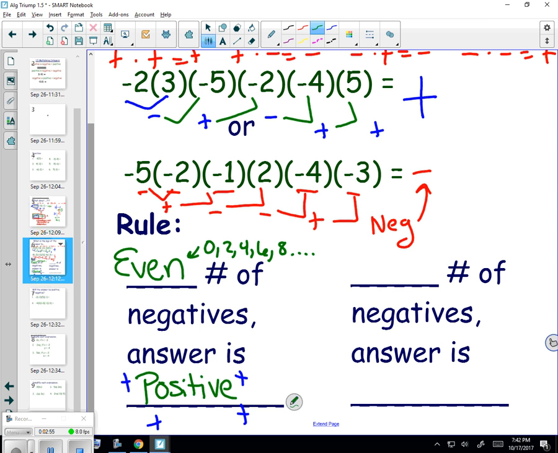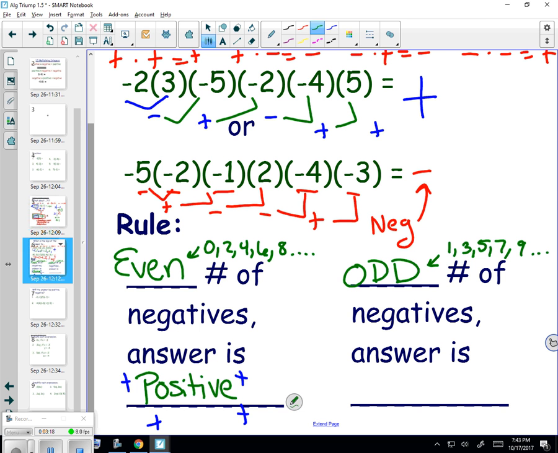But if we have an odd number of negatives, what are odds? Odds are 1, 3, 5, 7, 9, anything that ends in one of those numbers. 1 is odd. 11 is odd. 27 is odd because the last digit is 7.